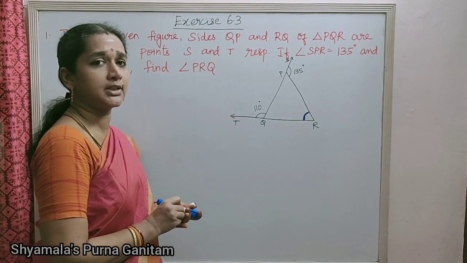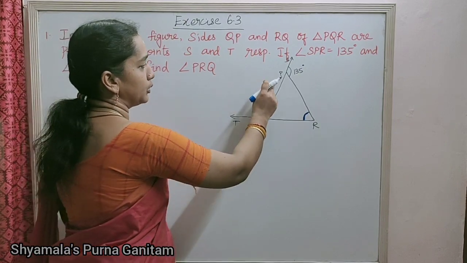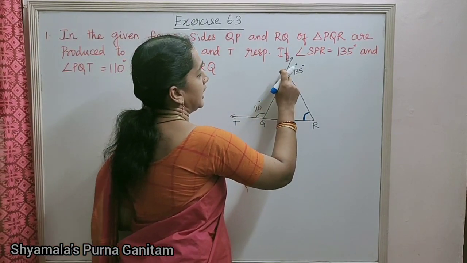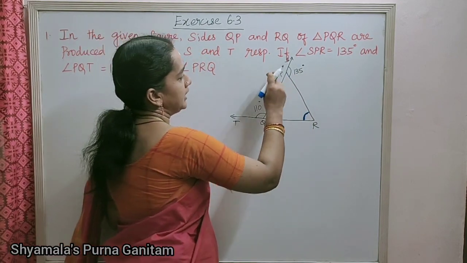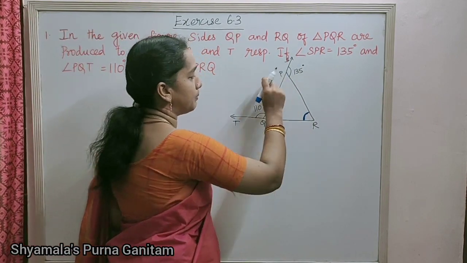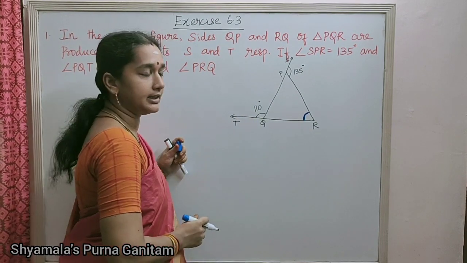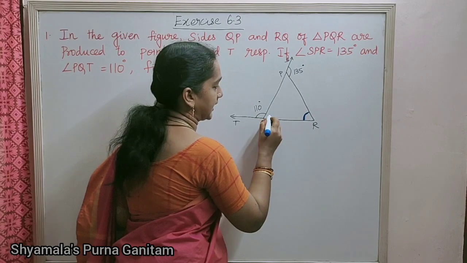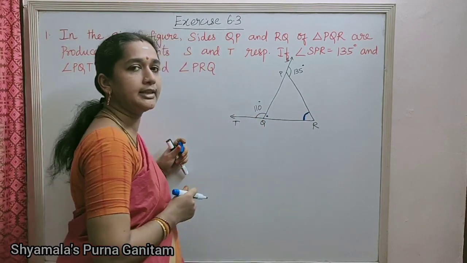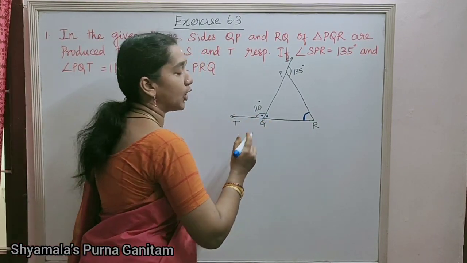Okay, so many methods are there to do. One of them I will do. Here, angle SPR is 135 degrees and this TQP is 110 degrees. If you add these two angles, that will form a linear pair.